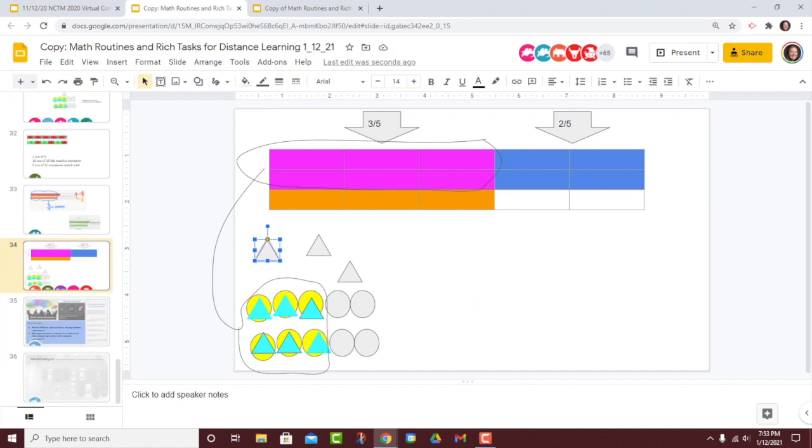If we were to match it up, where would it be? What would it look like?